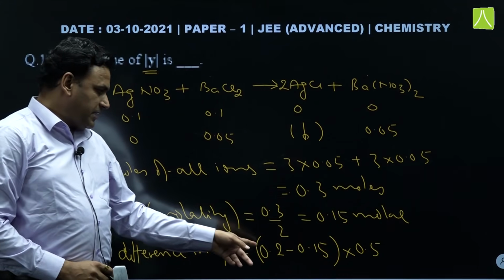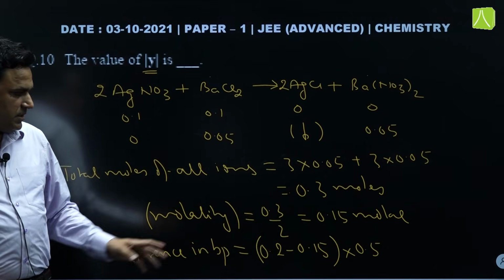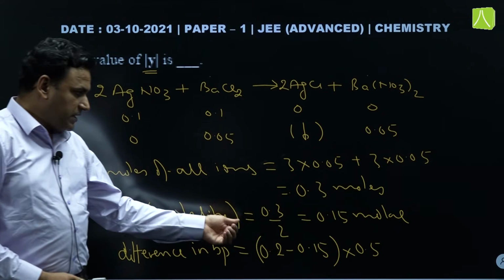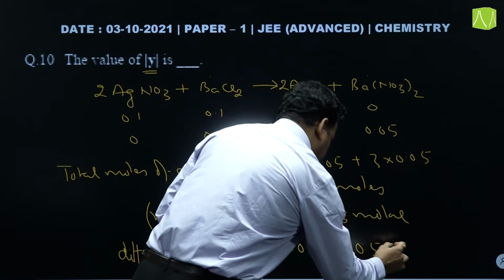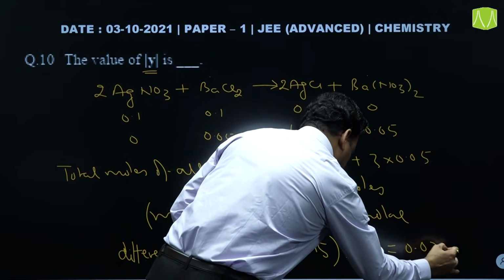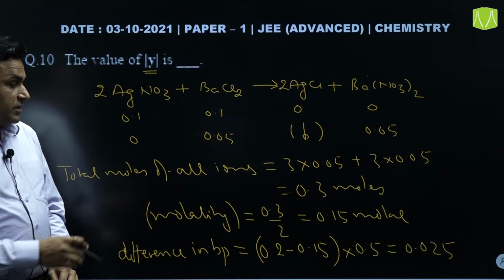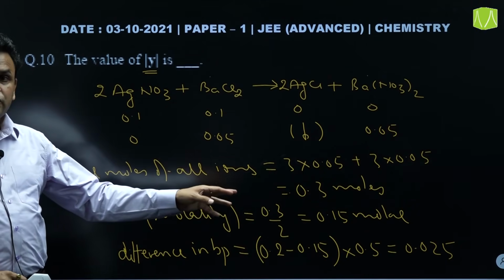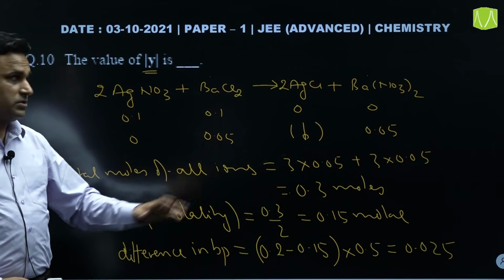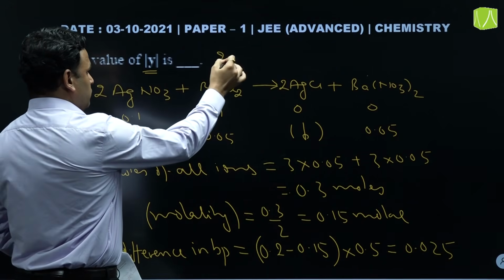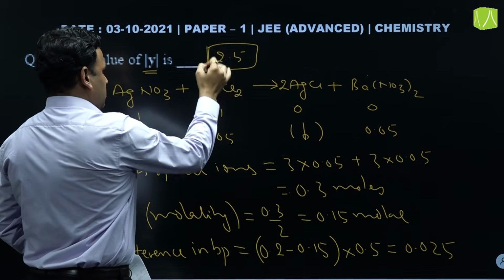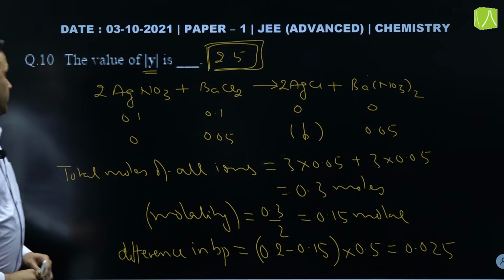This way 0.2 minus 0.15 is 0.05 into 0.5. So, this is 0.025. Now, the difference is given to us as y into 10 raised to power minus 2. So, the value of y should be equal to 2.5. So, the correct answer to this question should be 2.5.